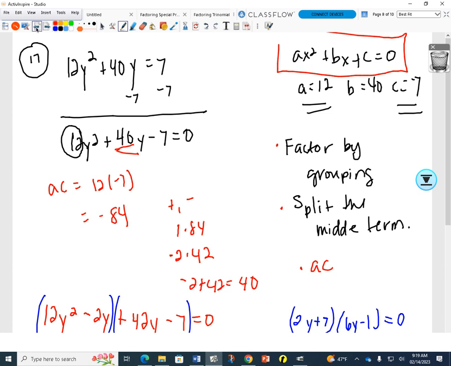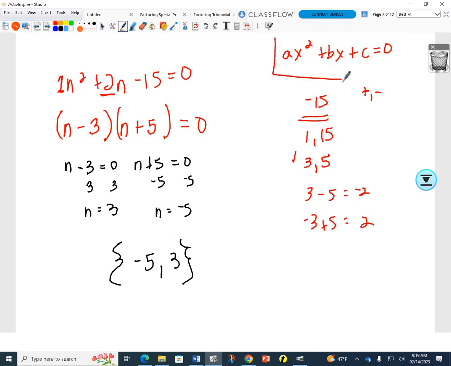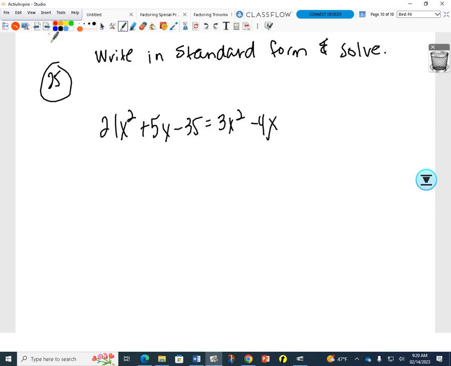Look in your notes. You should have them in there. Riley, what's standard form? Come on, guys. ax squared plus bx plus c equals 0, right?